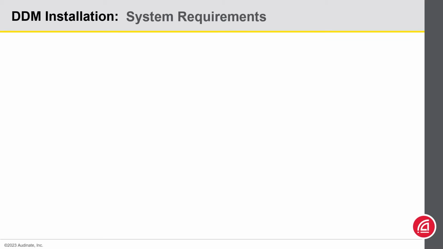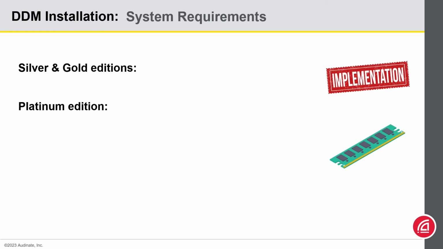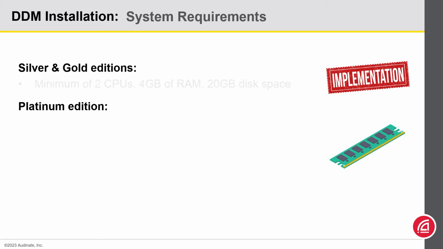As we mentioned in the introduction chapter, the licensing model for DDM comes in 3 editions: Silver, Gold, and Platinum. If you remember, each edition supports a different number of devices and domains. So that means the hypervisor or physical host machine must be configured to provide sufficient system resources for the virtual appliance based on the product edition. DDM requires a minimum of 2 CPU cores.